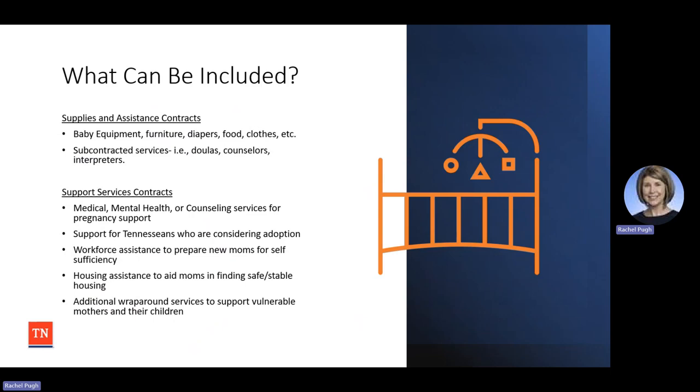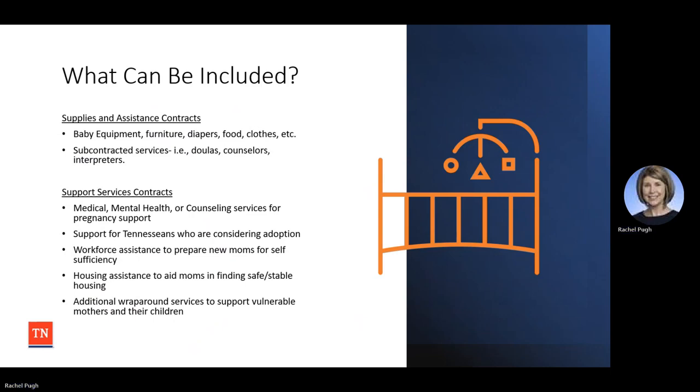So if you partner with a doula service or a counselor, interpreters, that type of thing, that can be included in those. The supplies and assistance contracts, because they're only $100,000 spread out over multiple years, there's not going to be enough funding in those to fully support a full-time position at 100%. So that's why the focus for those contracts is more on the equipment and supplies that are directly going to the clients.